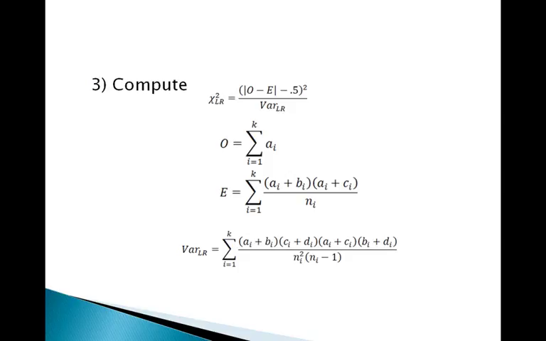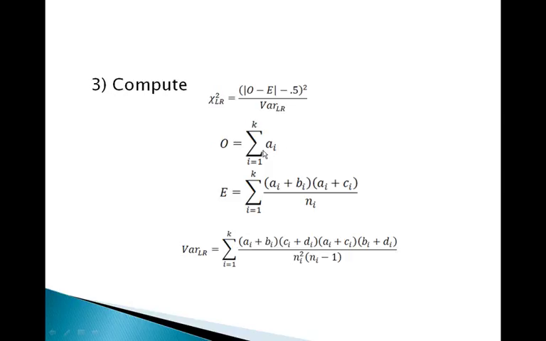So, not a surprise here, we end up effectively calculating what is like a strata-specific chi-square for each of the ith time intervals. And for the overall chi-square, the log rank, we're looking at the observed minus the expected with this 0.5 correction factor squared, divided by the variability of the log rank.